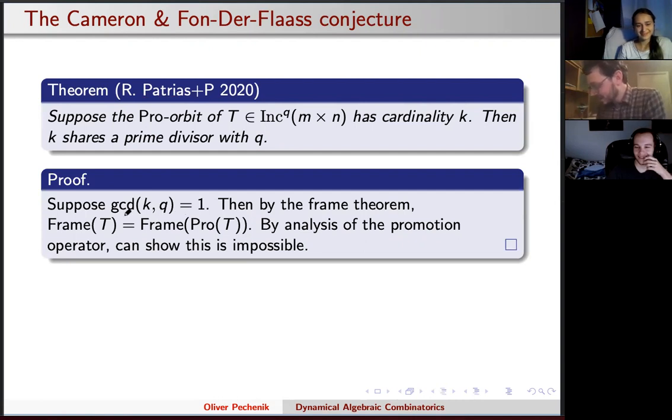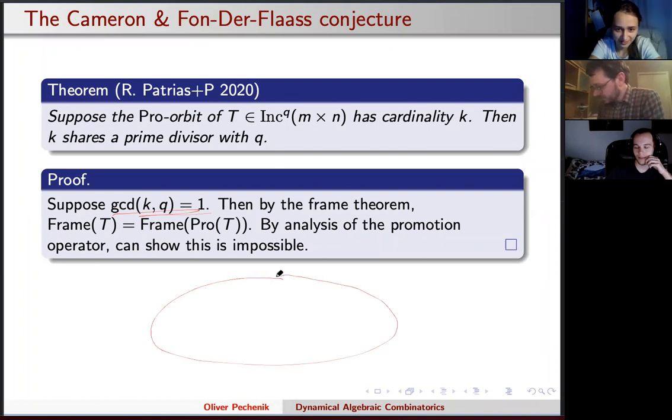So imagine that these two numbers were relatively prime. We're gonna get some kind of contradiction. Well, what happens is, here's my orbit. Here's all the different things around my orbit.